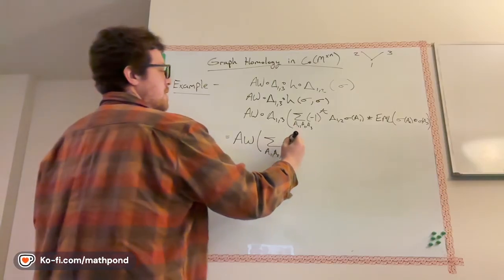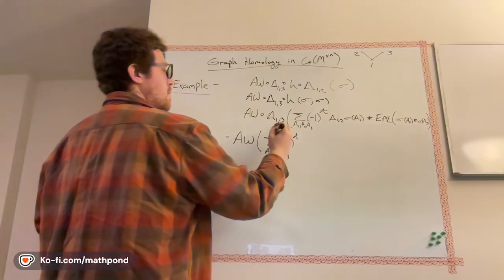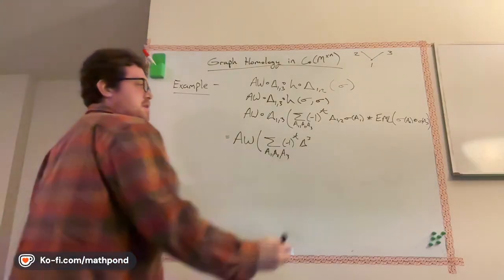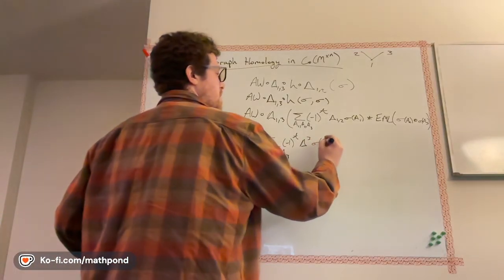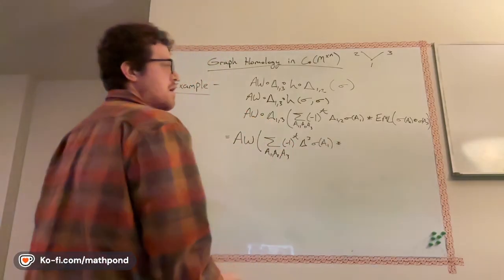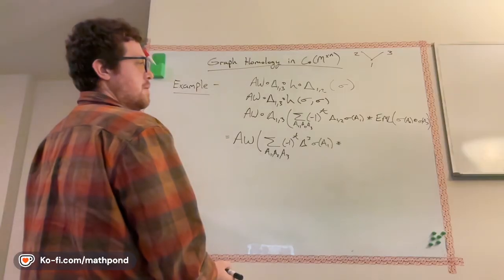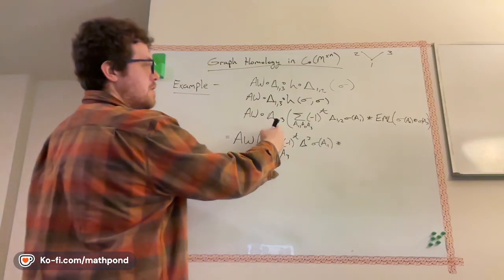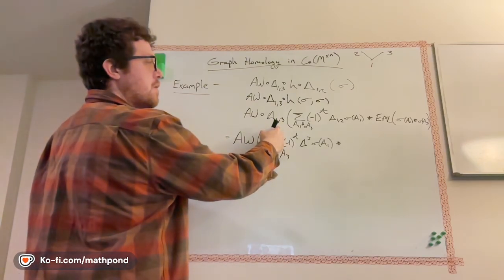Where was I? Oh yeah, -1. So this becomes like a triple delta, sigma of A1, join, and then delta 1, 3.